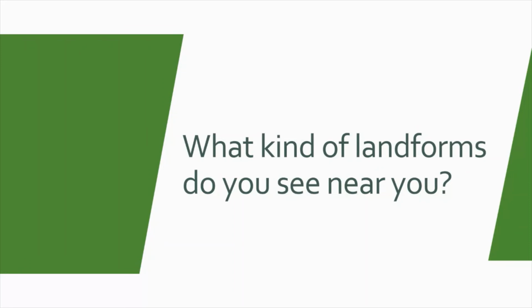So next I want you to look around you when you're at home and see if you can find any different types of landforms near you or different landforms that you visited in your life, whether you've been to the mountains or whether you've been to a lake or a river or you've seen the plains or the desert, whatever you've seen near you, think about it. For those of us who are in California, mountains are very common, deserts very common.